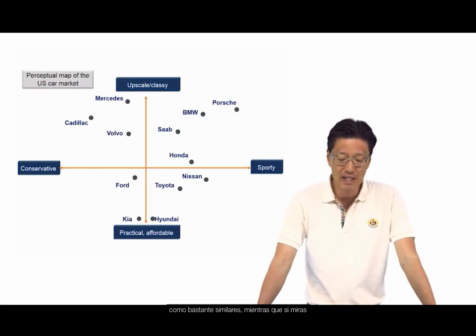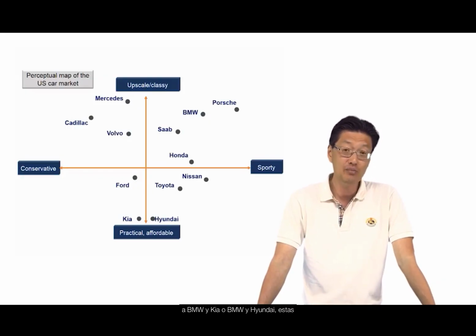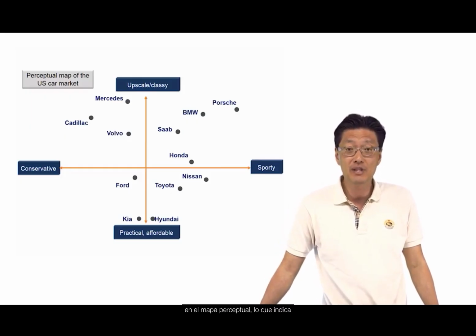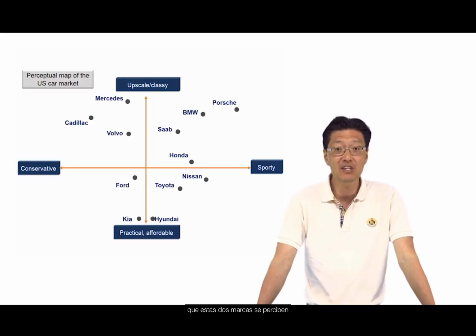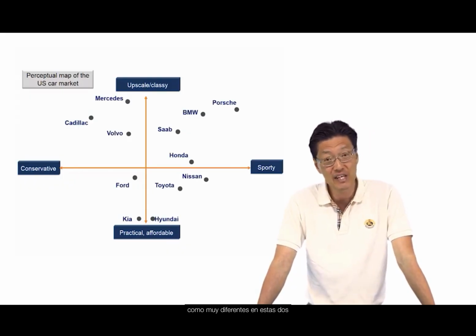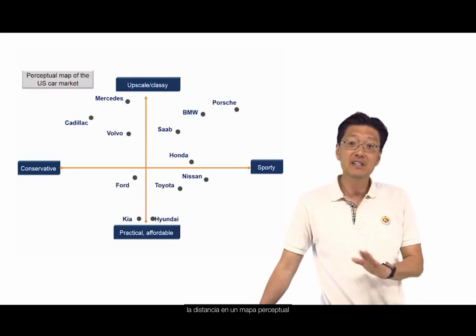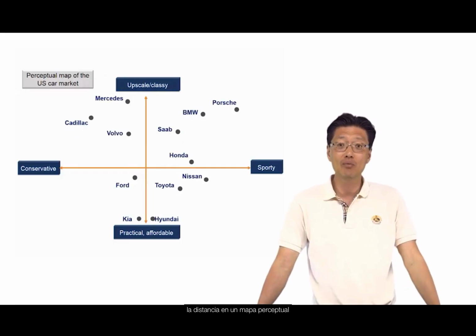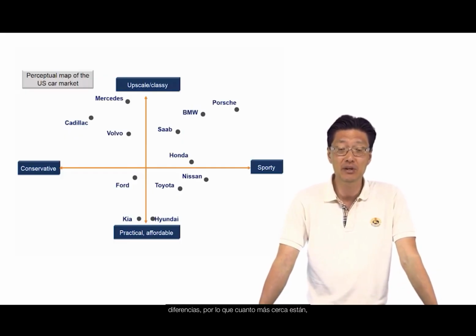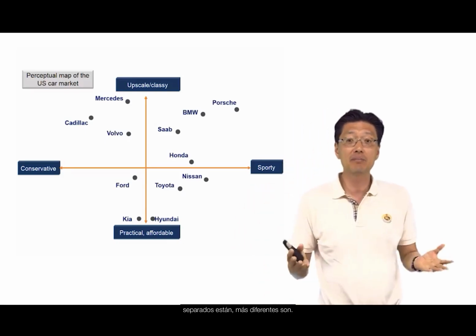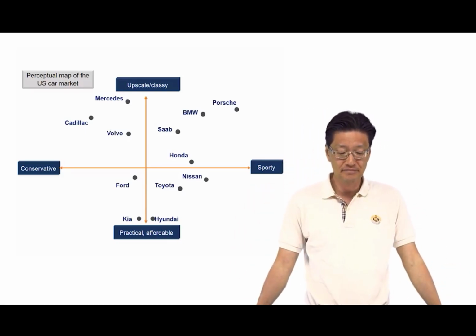Whereas BMW and Kia, or BMW and Hyundai, are fairly far apart on the perceptual map. This indicates that these brands are perceived to be very different on these two dimensions. Again, the distance on a perceptual map represents dissimilarity. The closer they are, the more similar they are. The further apart they are, the more dissimilar they are.